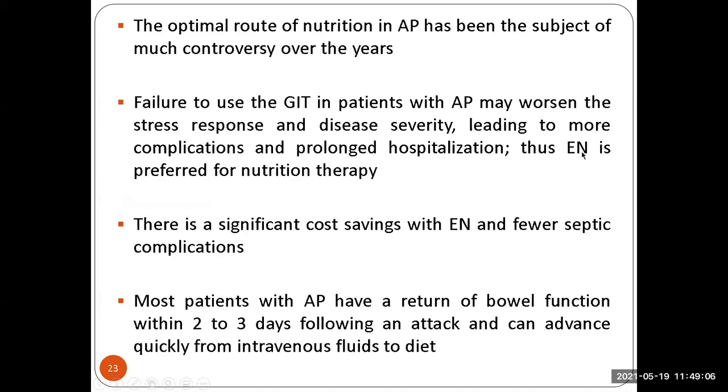So it is suggested that EN, enteral nutrition or tube feeding, should be preferred for nutrition therapy rather than parenteral nutrition or intravenous nutrition. There is significant cost saving with the enteral nutrition and few septic complications. So these are basically the advantages which are associated with tube feeding.